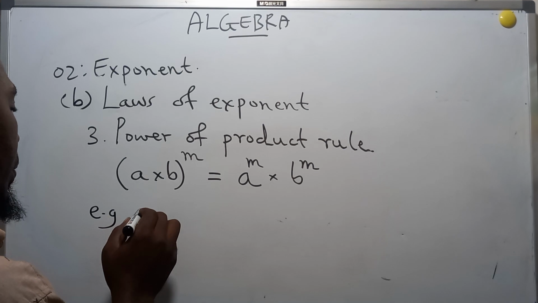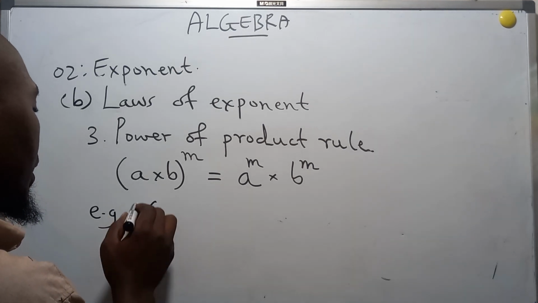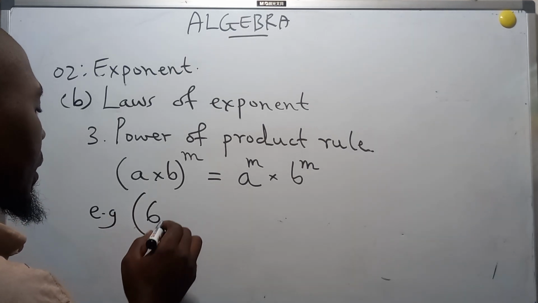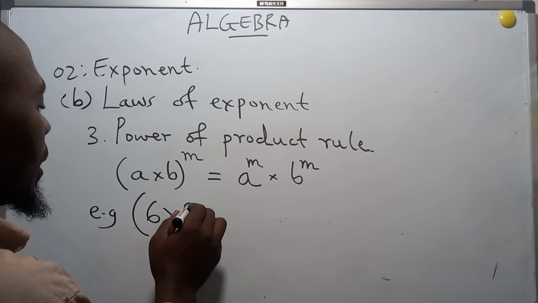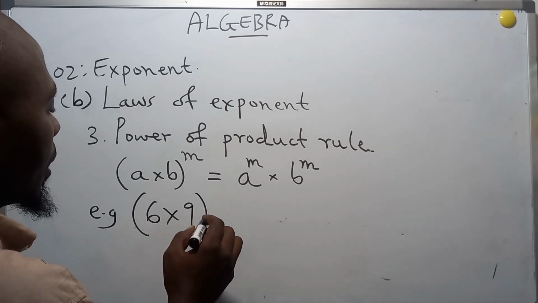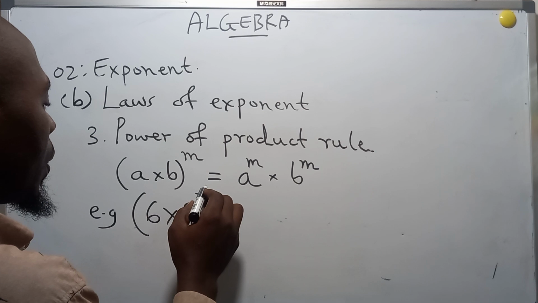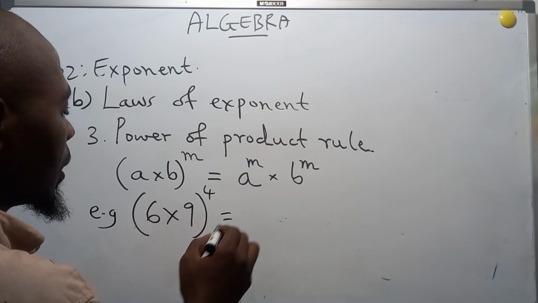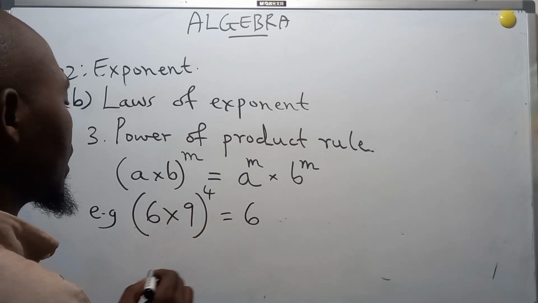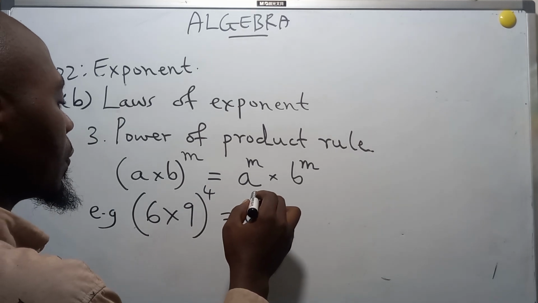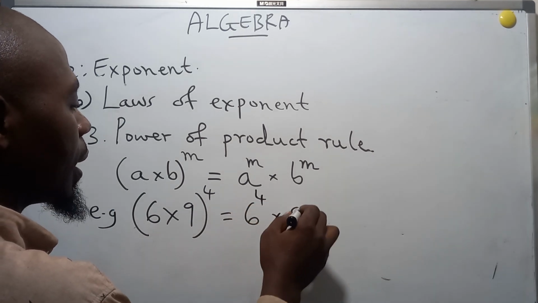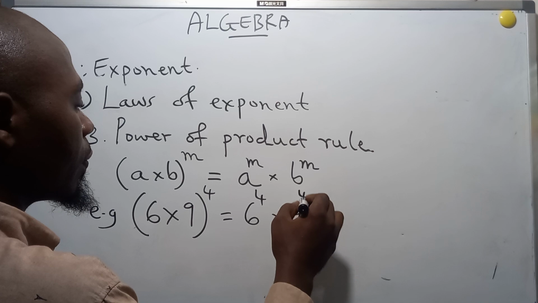For example, (6 times 9) raised to the power of 4 is equal to 6 raised to the power of 4 times 9 raised to the power of 4.